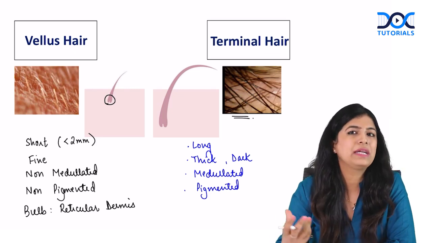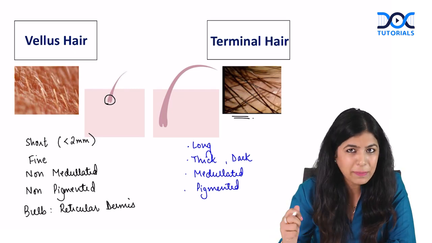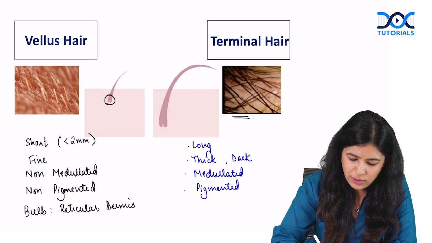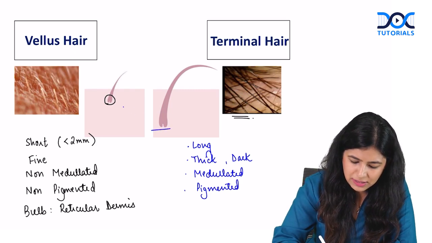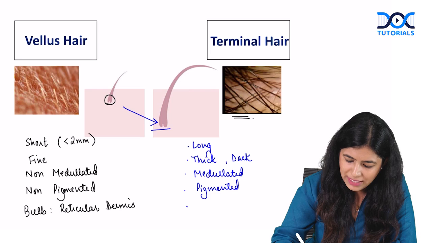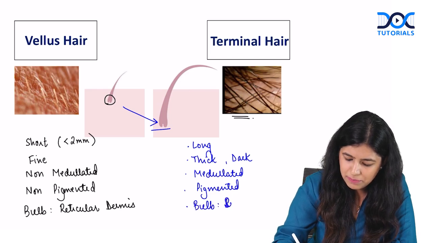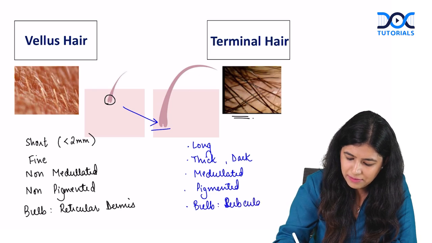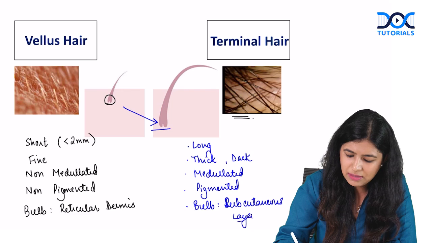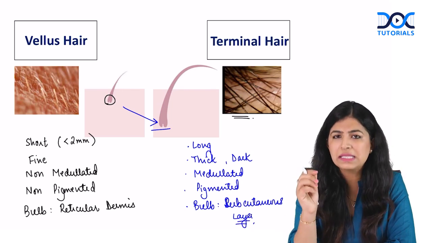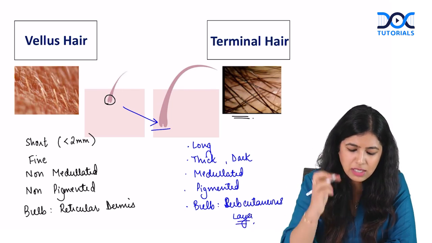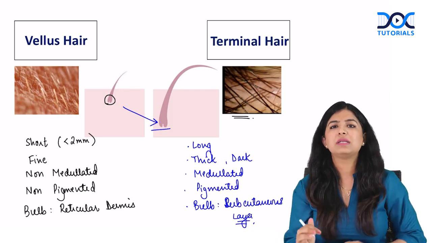They are long, thick, dark, medullated and pigmented hair. Also, if you see the bulb, this is much deeper here. So the location of the bulb is in the subcutaneous layer. So these hair are anchored deeper in the skin. So the differences of the vellus and the terminal hair should be known.